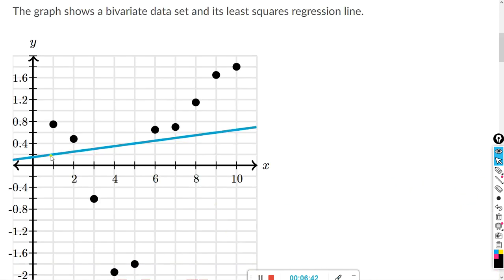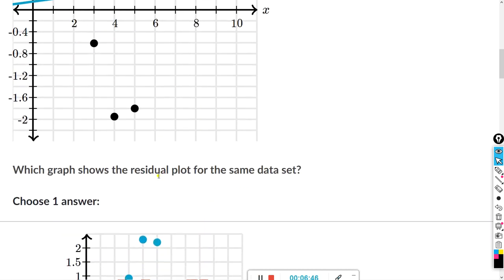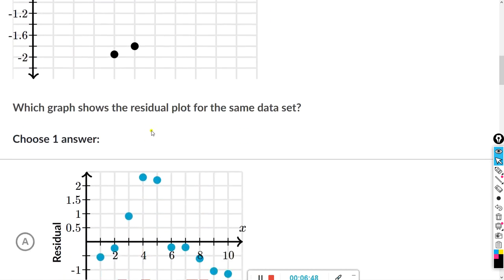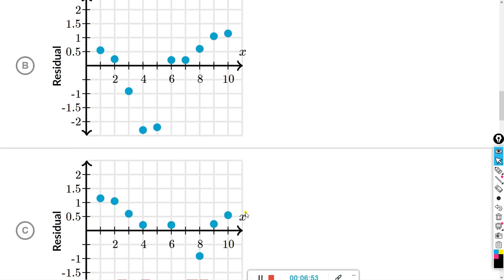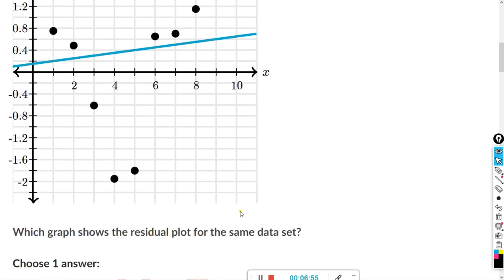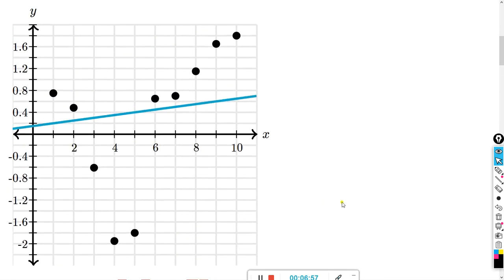Here they show the regression line for the scatter plot, and they want to know which graph shows the residual plot. Remember, we don't really need the actual values. We can just do positive and negative for each one. Here is the x-axis.